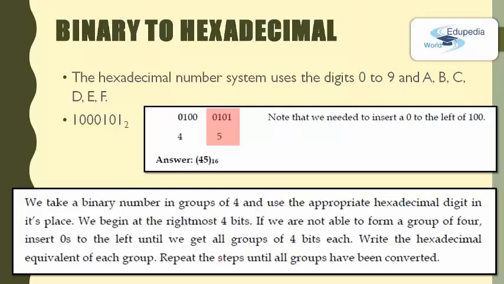So it equals 1 multiplied by 1 plus 4 multiplied by 1, which equals 5. Likewise the second group 0100 represents the value 4. If we take both of these values, 4 and 5, that is the hexadecimal value of our binary number. So this is how we convert binary to hexadecimal. It is a grouping activity.